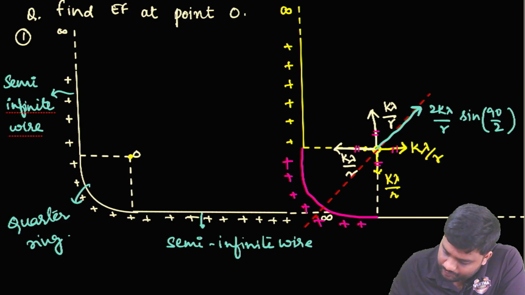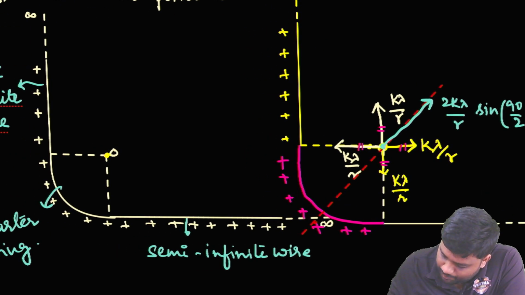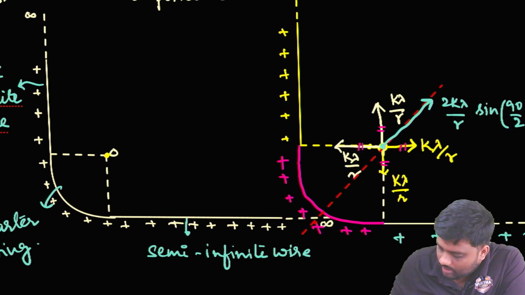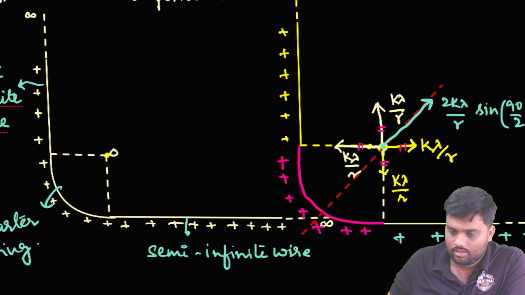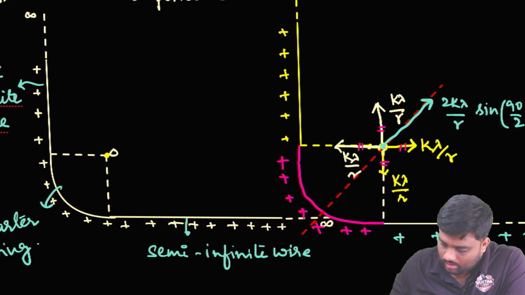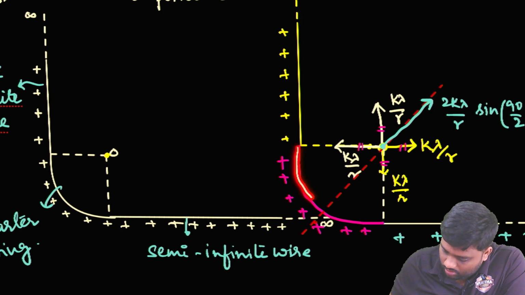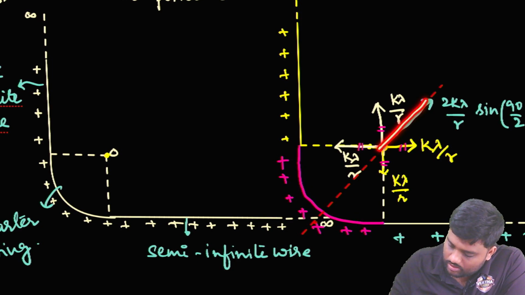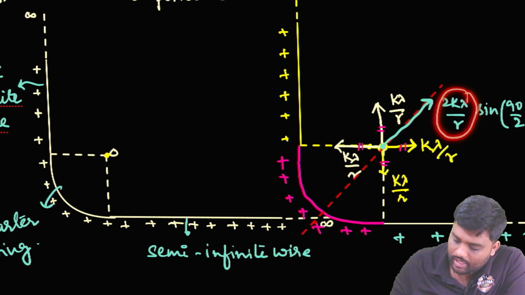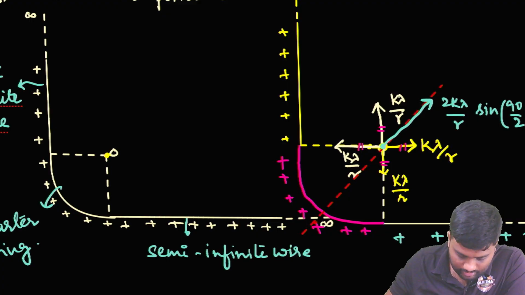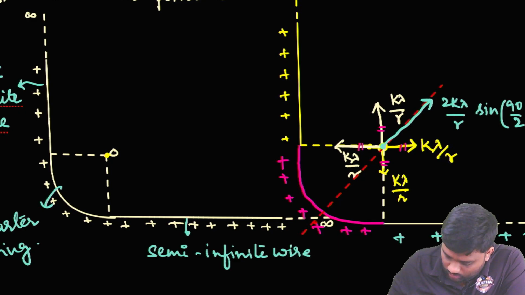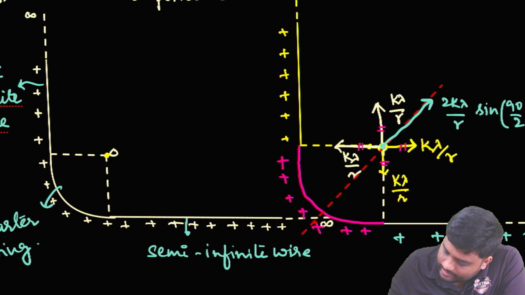That means on this point, due to semi-infinite wires, the electric field will get cancelled, right? But due to this quarter ring you are going to get electric field in this direction, which is equal to 2k lambda by r sine 90 by 2, that is sine 45 degree.